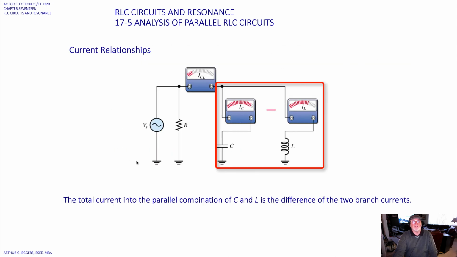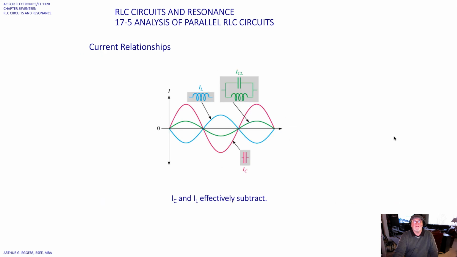So we can see in our simple illustration what's going on when we look at the current as it flows between the resistor branch and the capacitor and inductor branches. We can see there, in the display, a small total current, with I sub C and I sub L apart from each other. The total current has decreased significantly, based upon a larger current through the individual branches for the capacitor and the inductor.